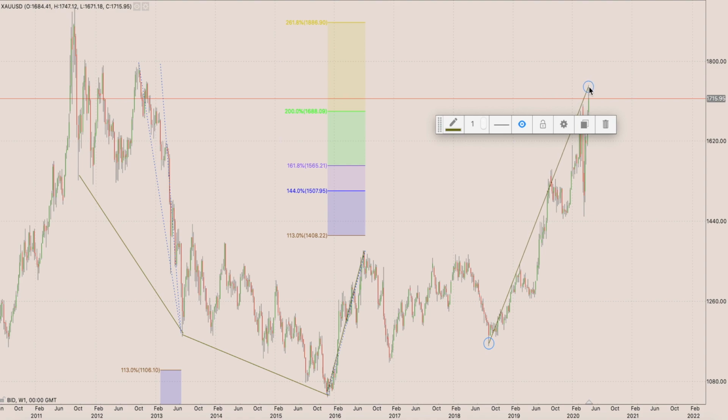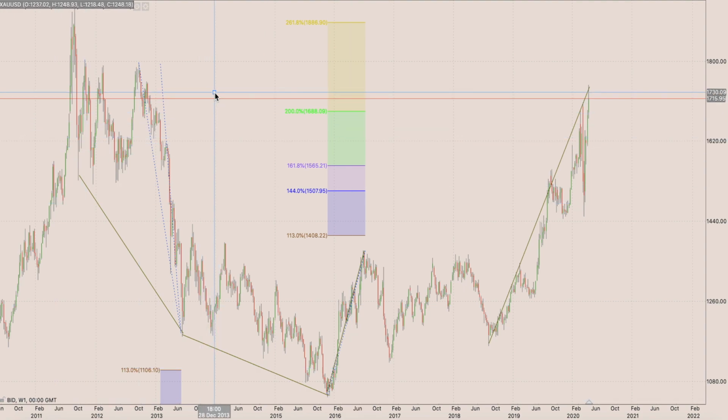But for the information that we have right now, it's covered more than 200% of this previous impulse. So we are certain, we are sure that there's no divergence between this impulse and this impulse, and we're not going to see a reversal here.